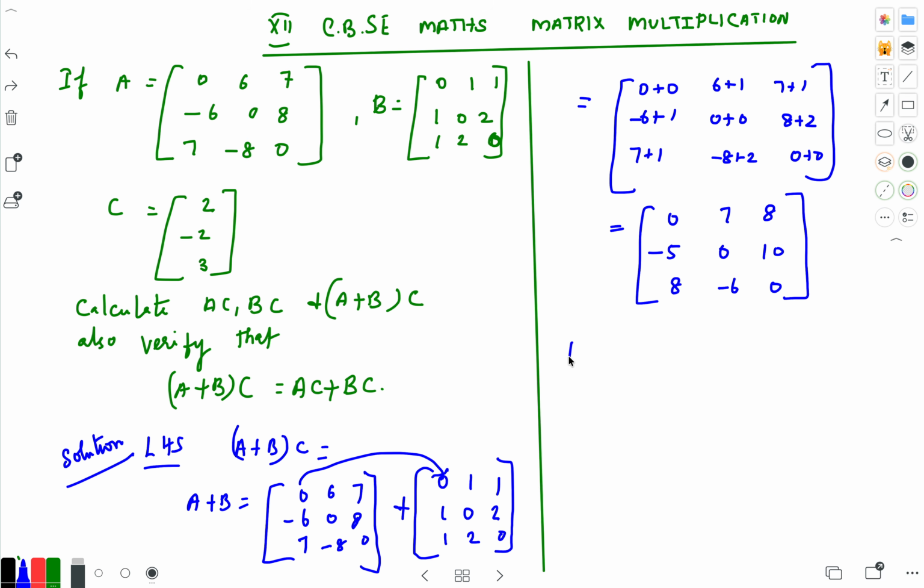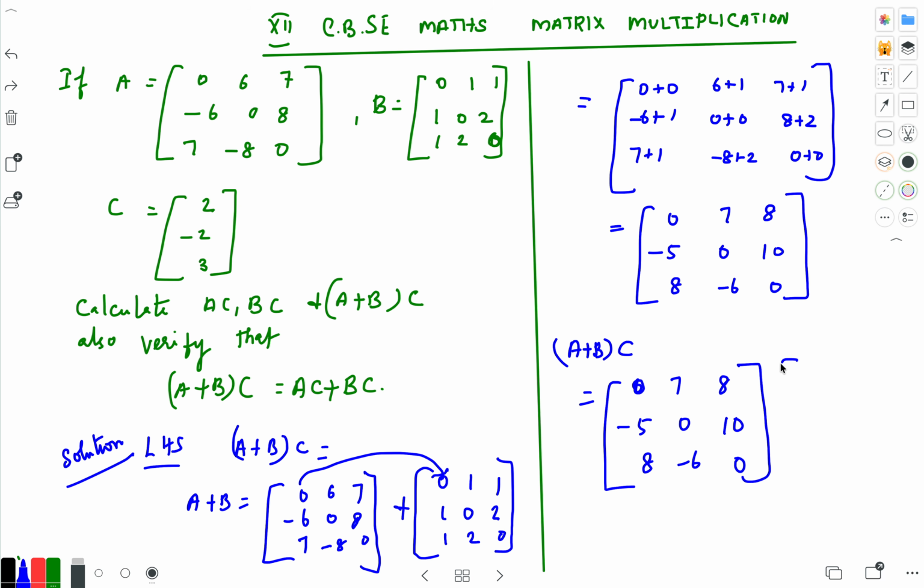Then let's find out (A plus B) into C. That is 0, 7, 8, minus 5, 0, 10, 8, minus 6, 0 into C matrix, 2, minus 2, 3, right?